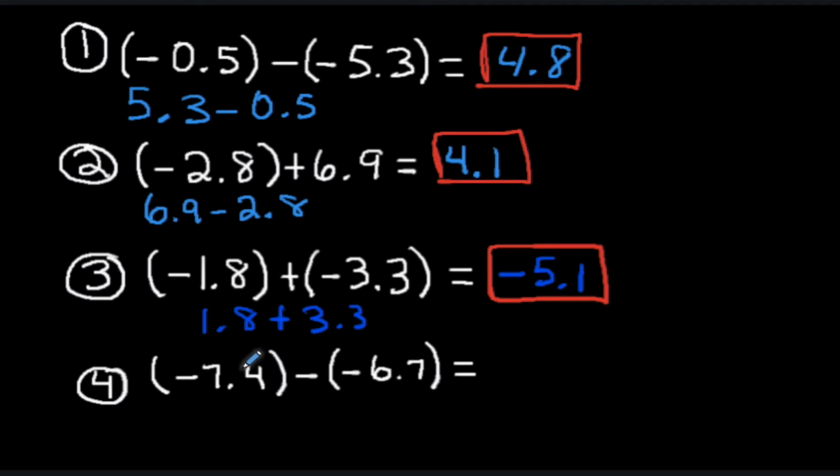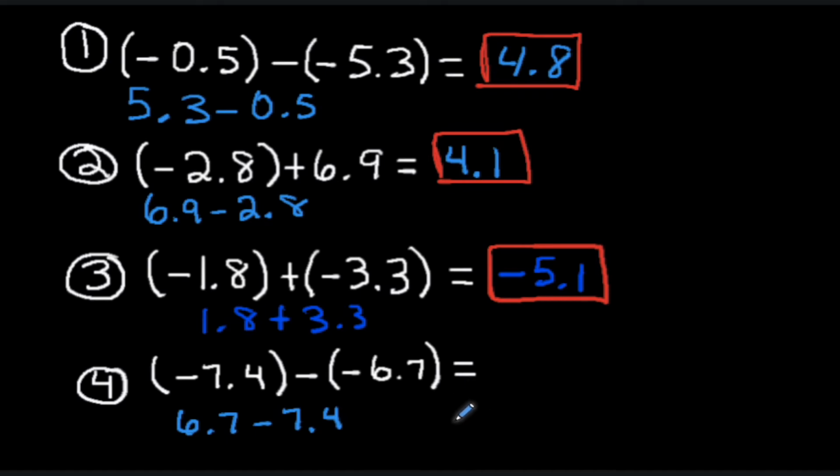So we have negative 7.4 minus negative 6.7. Okay, so we can rearrange this to where we have 6.7 minus 7.4, right? And in a strange event, your calculator stops working.